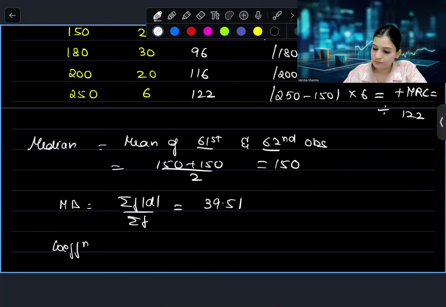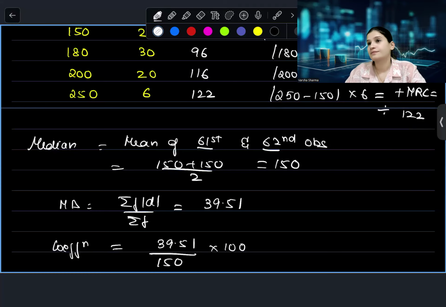Coefficient: mean deviation by median into 100. 26.33. All of you done?